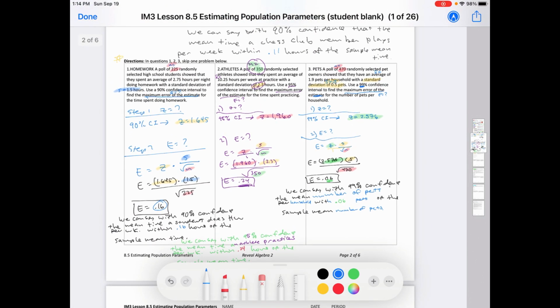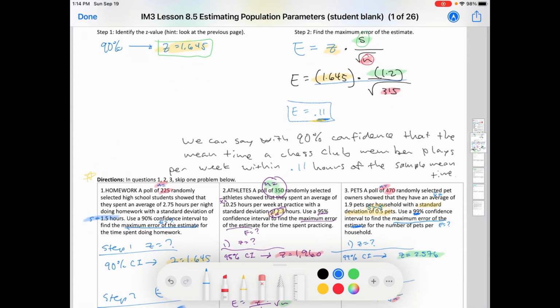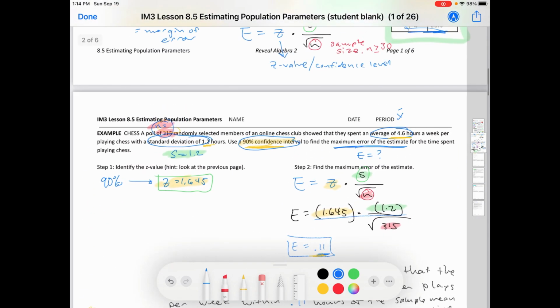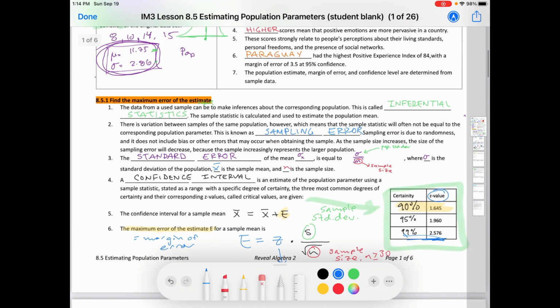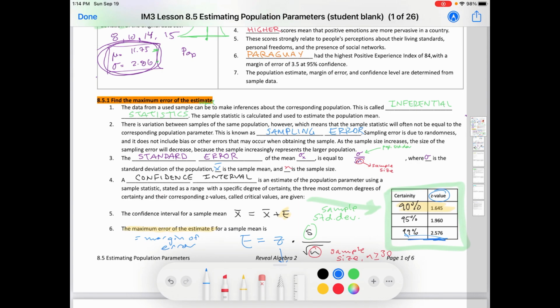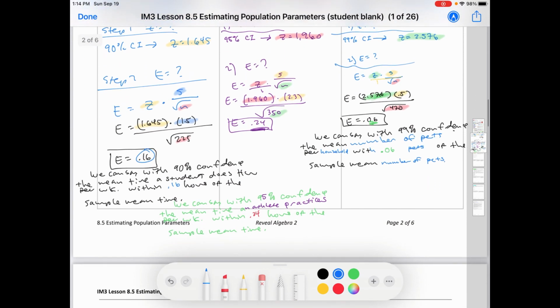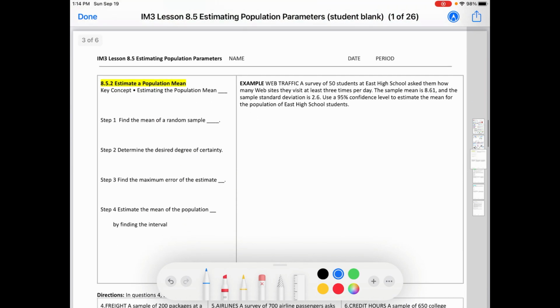Okay, so that is using 8.51. Find the maximum error of the estimate. Let's move on to 8.52, the estimate of a population mean. All right, the key concept here is estimating the population mean.